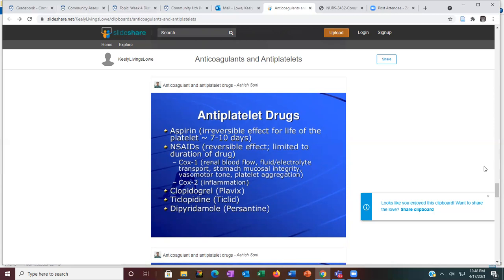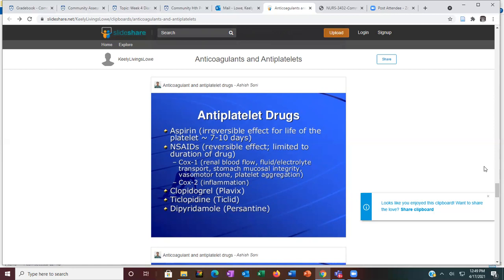Okay. Other types of antiplatelets are clopidogrel, ticlopidine, Persantine, and these are given many times. Plavix is an oral medication and it's given at home. It's longer acting.